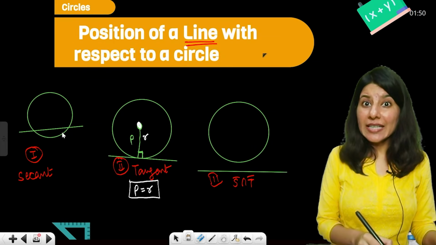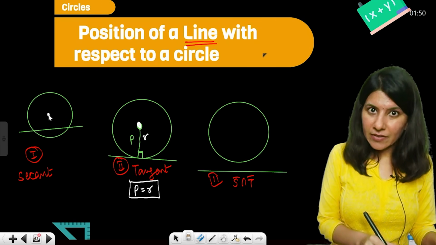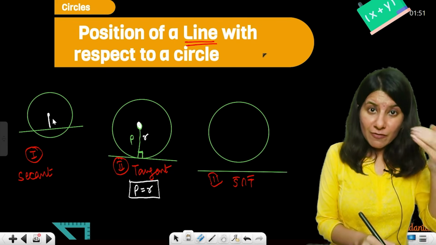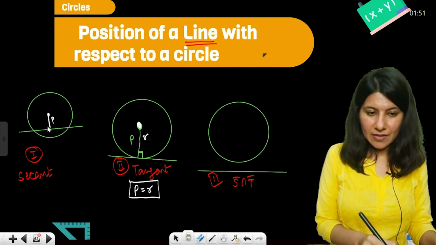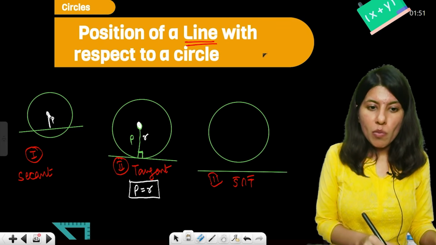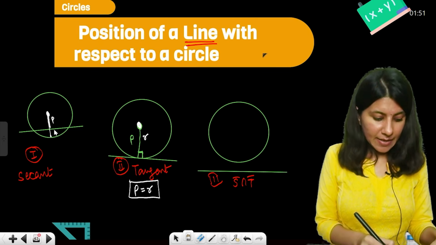Perfect. Now, in case of secant, this is your center again, and P is this line. The perpendicular distance from the center to the line is P. Now the distance between the center and this point, basically the radius, I am talking about the radius.